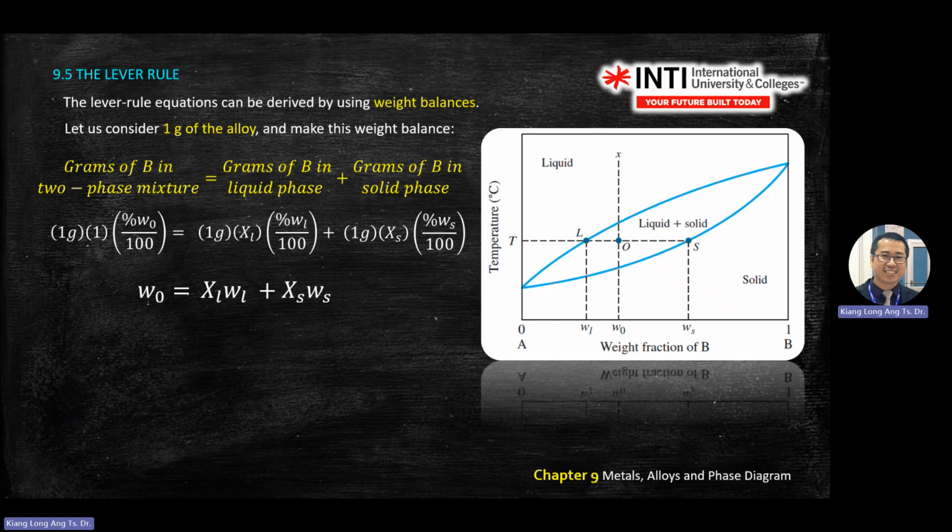WO equals WL, liquid weight, plus WS, solid weight. So you want to find how many percent of your liquid, you need to find the fraction, right? How many percent multiplied by the liquid weight, plus how many percent of solid multiplied by the solid weight.